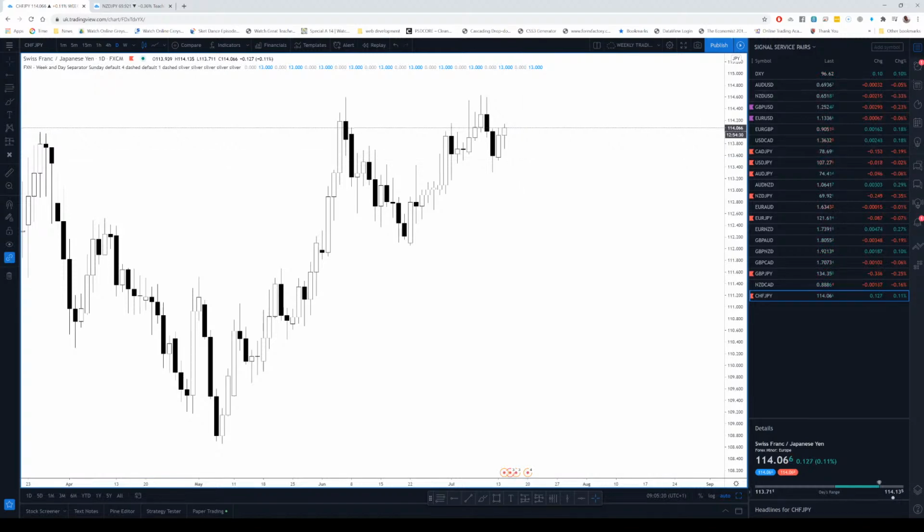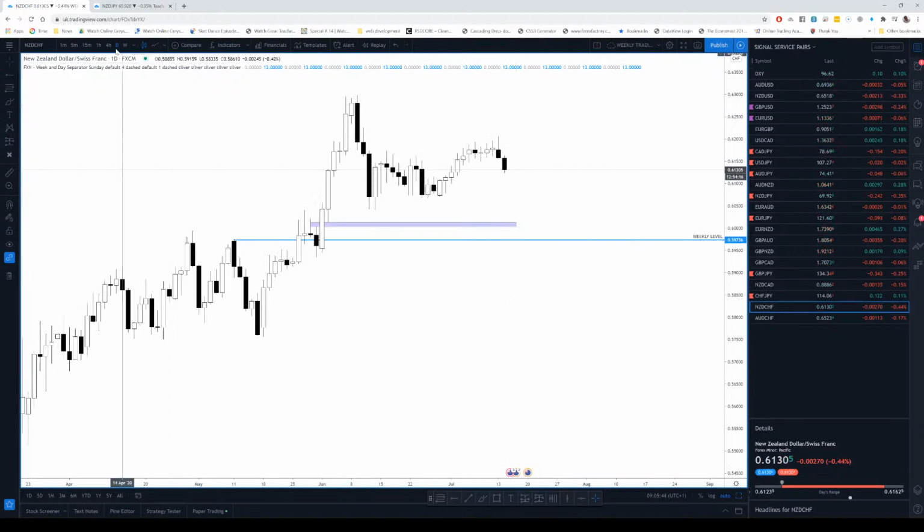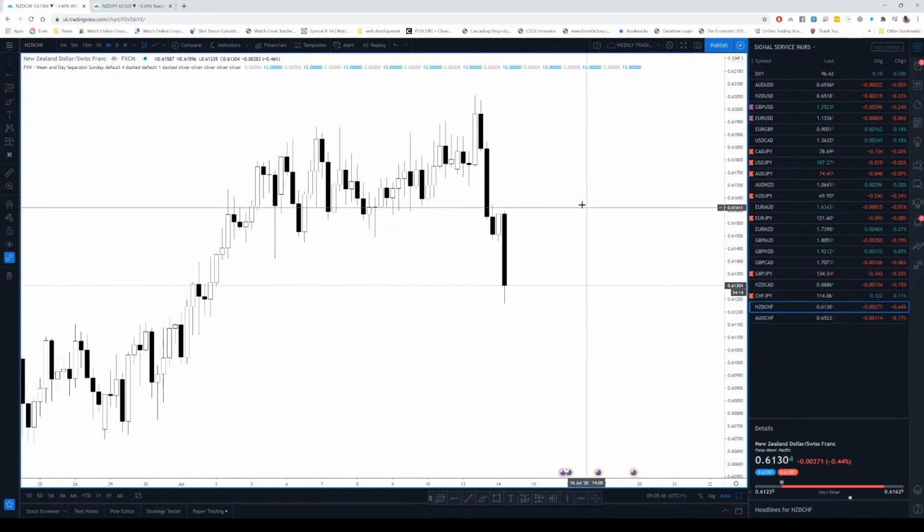I'm gonna bring in 2 pairs that I want to talk about. NZD, AUD, this one, right?